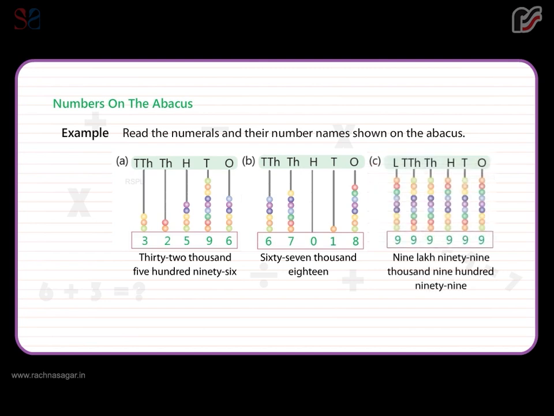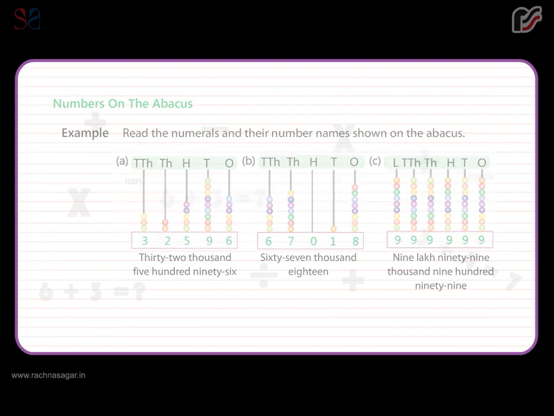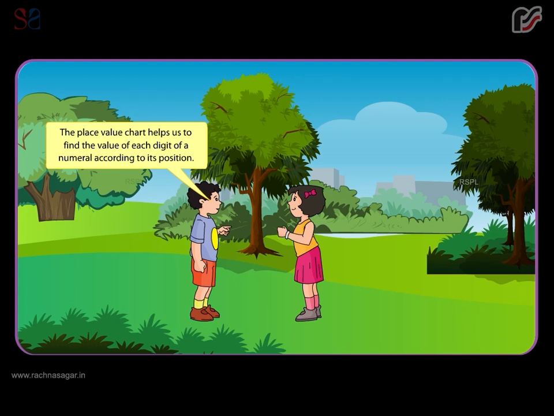C. 9 ones, 9 tens, 9 hundreds, 9 thousands, 9 10,000s, 9 lakhs. 9,99,999.